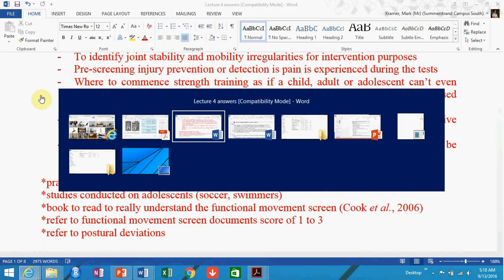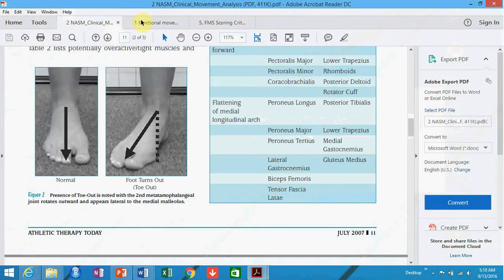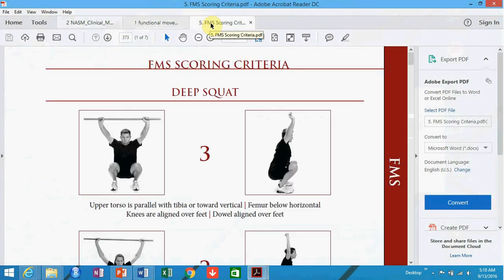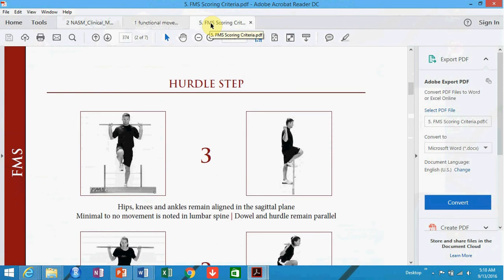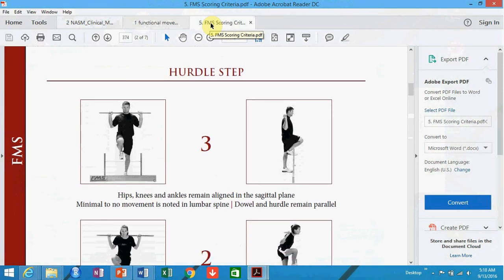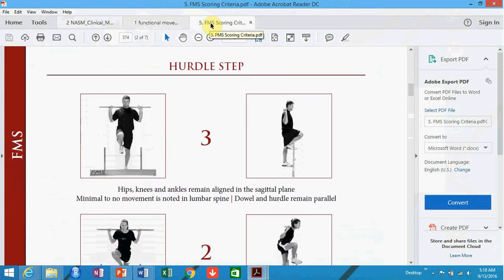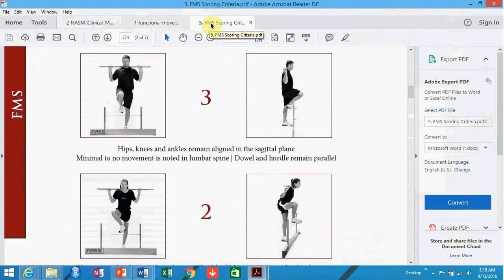If we go back to the functional movement screen, you will see the next activity is a lunge or hurdle step. Hurdle step 3, if the person can maintain Usain Bolt posture, if I can put it that way. You don't see Usain Bolt moving from his hip girdle when he runs.